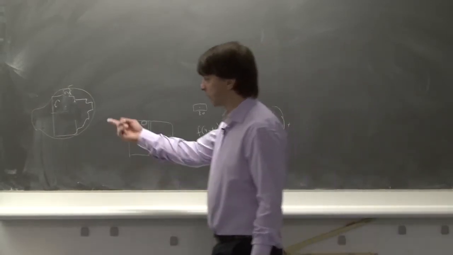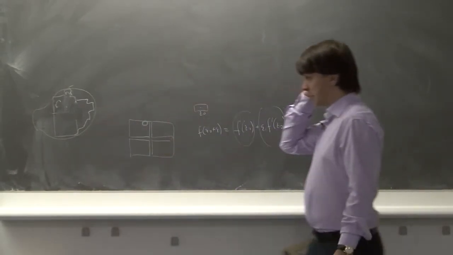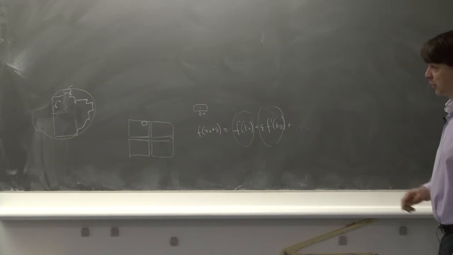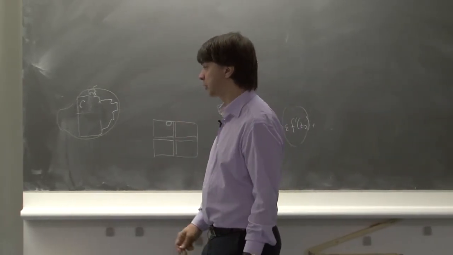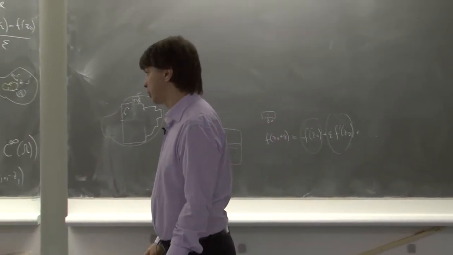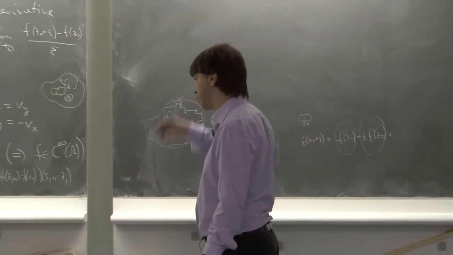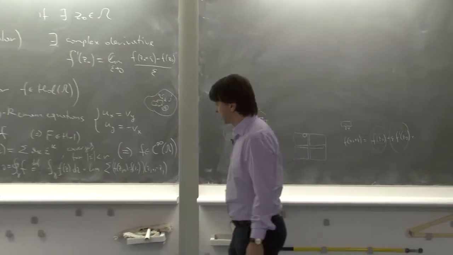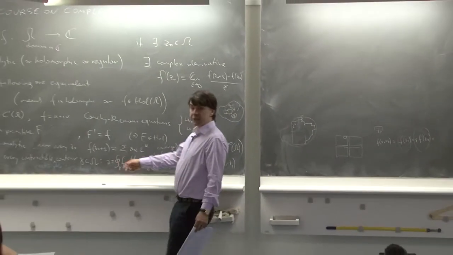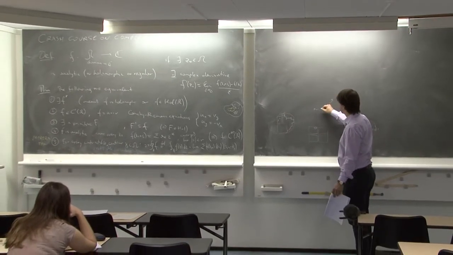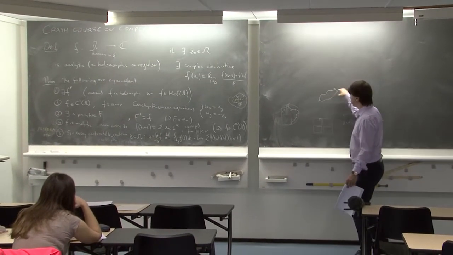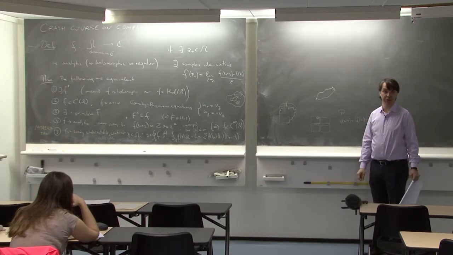So it's enough to check that the integral of 1 is 0 and the integral of z is 0, and then split everything into small pieces. The other way around is that if contour integrals are 0, it means that when you integrate a function from a to b via two different paths, you get the same result.